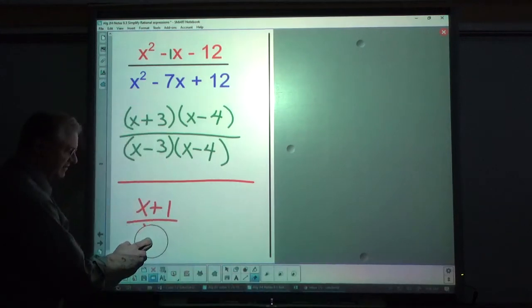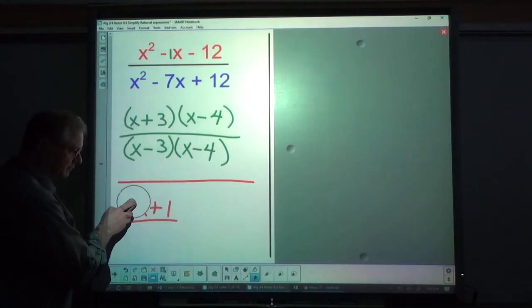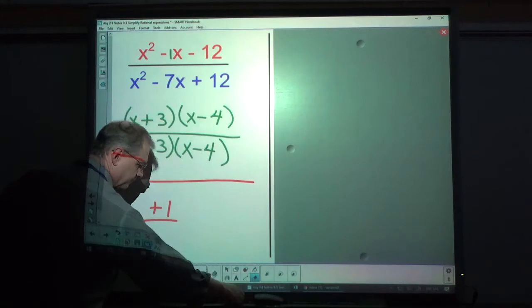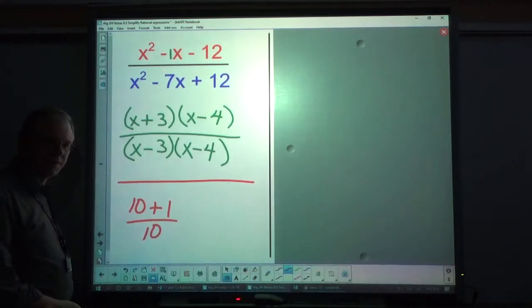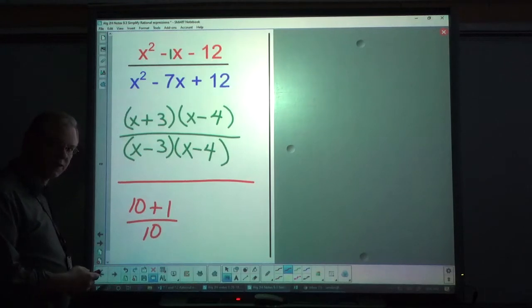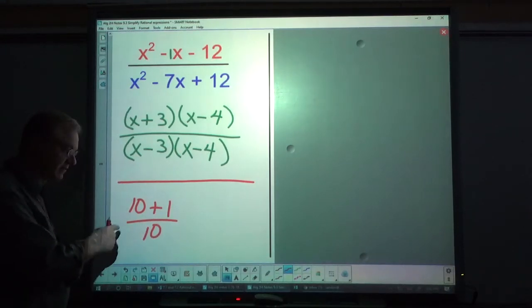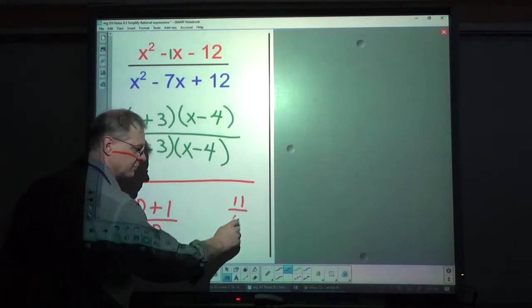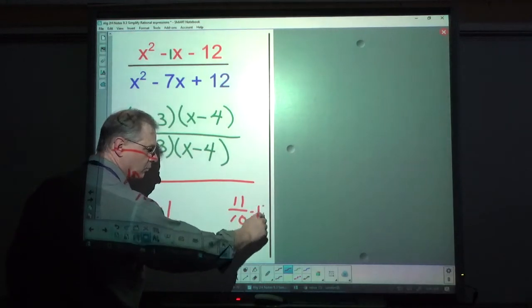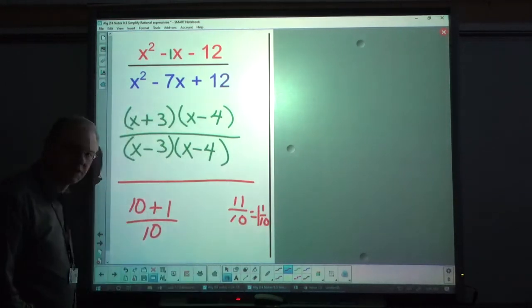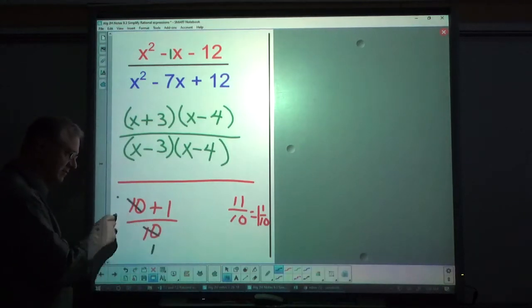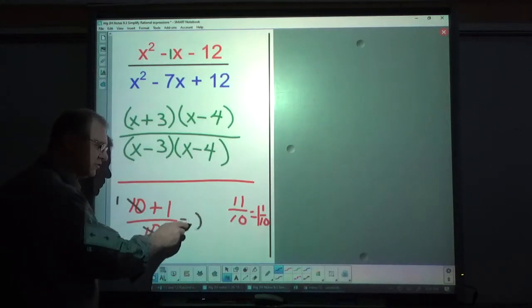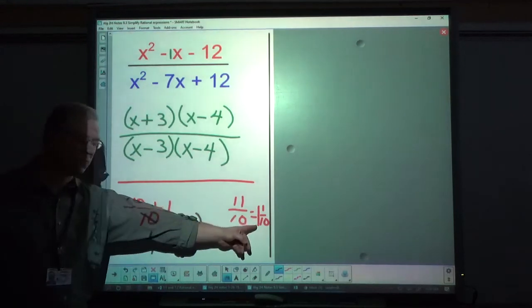What if I then said x was 10? Well, normally, if you were working with this, that would be 11 over 10 or 1 and 1/10. But if you thought you could cross off the 10s, that would equal 2. 2 doesn't equal 1 and 1/10.